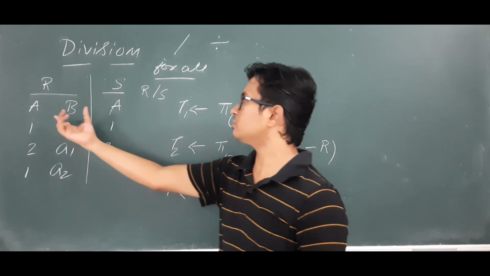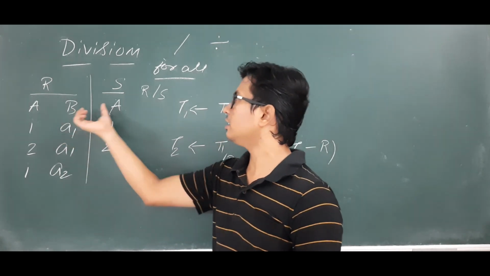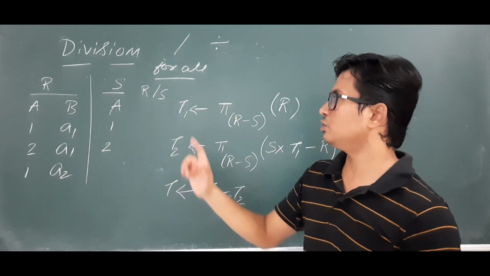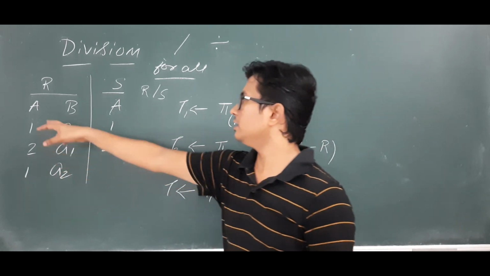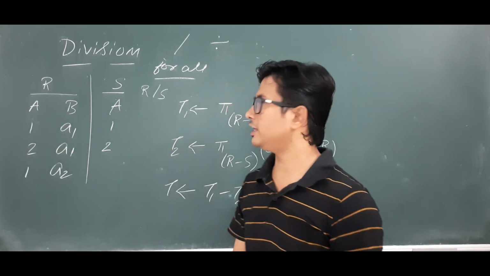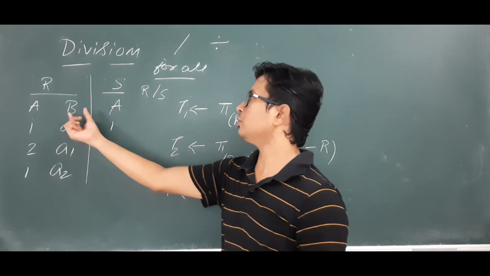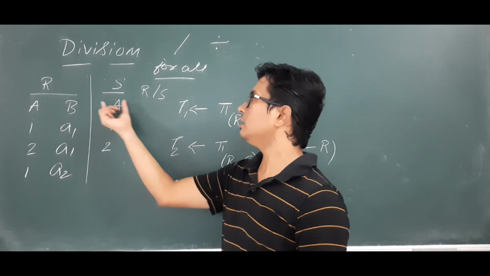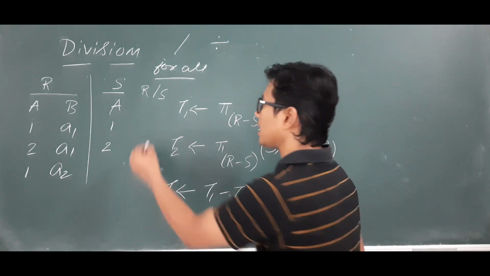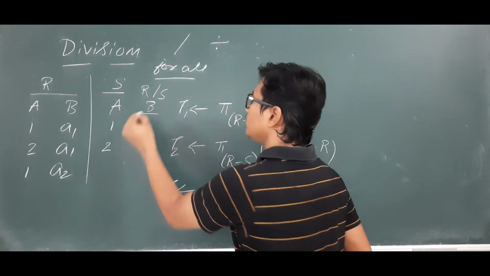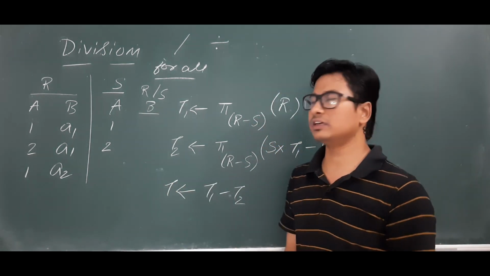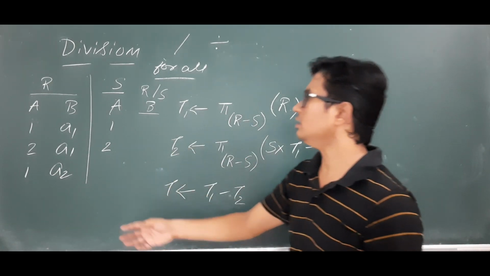The attributes which are present in relation R but not in relation S. In relation R you have attributes A and B. In relation S you have attribute A. The attribute present in R but not in S is B, so this is the attribute you will get in the output.